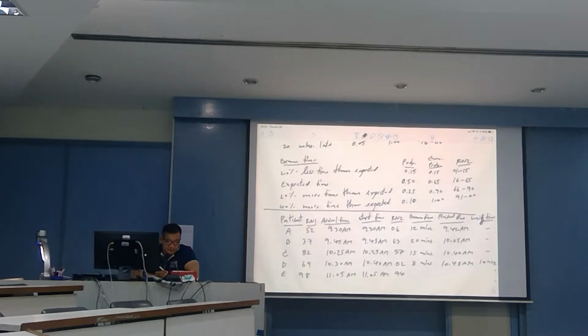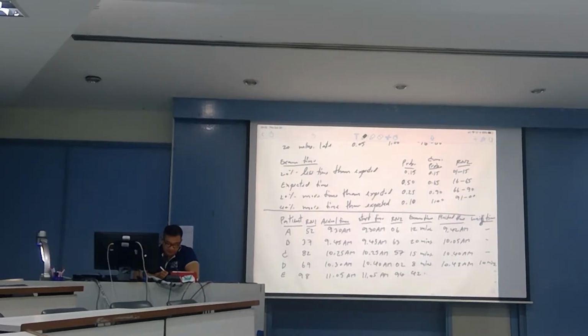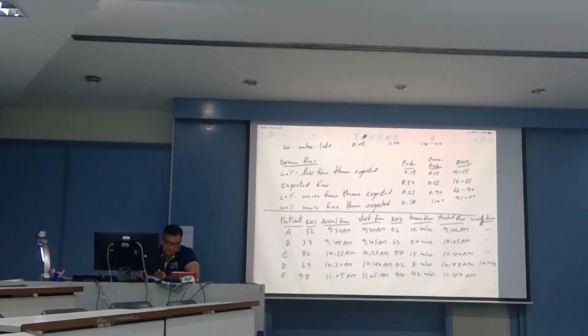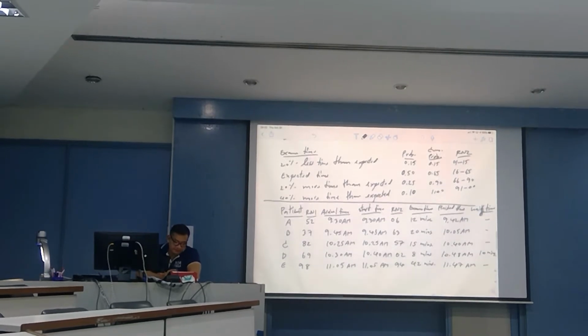For Rn2, 40% more time than expected. So only at 30, 40% is too much, so we have 42 minutes. So we finish at 11:47. No waiting.